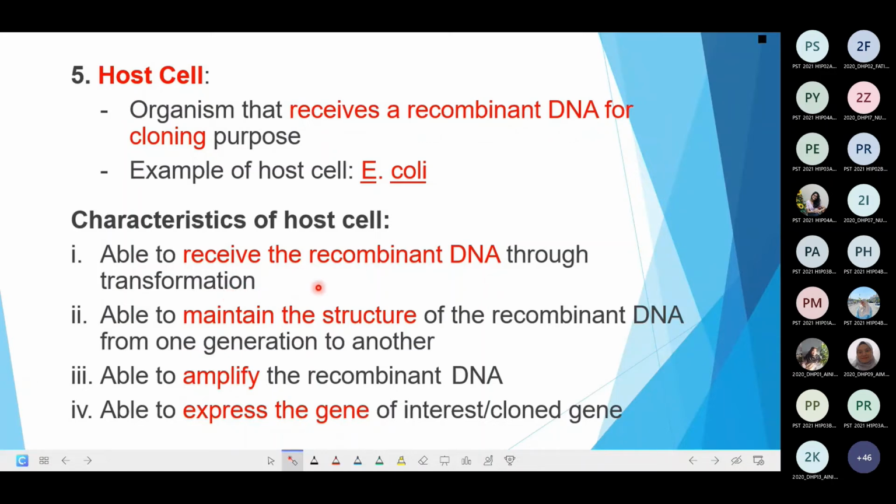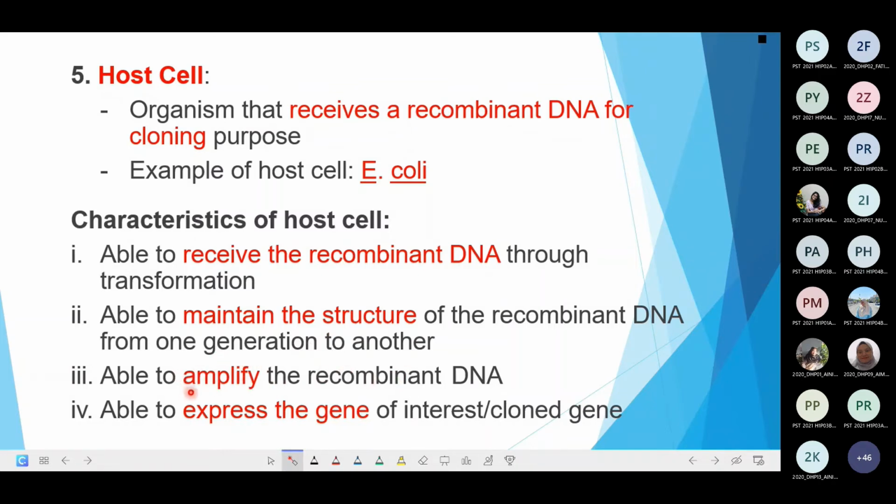And the host cell must be able to maintain the structure of the recombinant DNA, meaning that the host cell will not disrupt the original structure of the recombinant DNA. So once the recombinant DNA gets into the bacteria, it will just maintain the structure from one generation to another generation. The host cell must also be able to amplify the recombinant DNA.